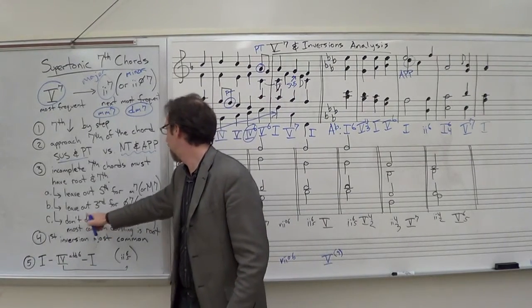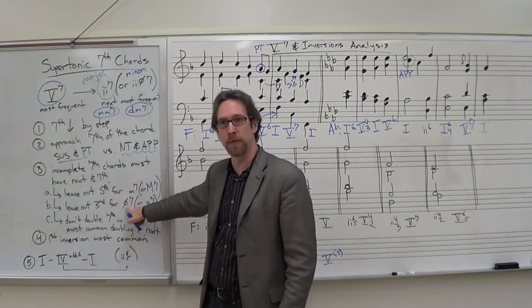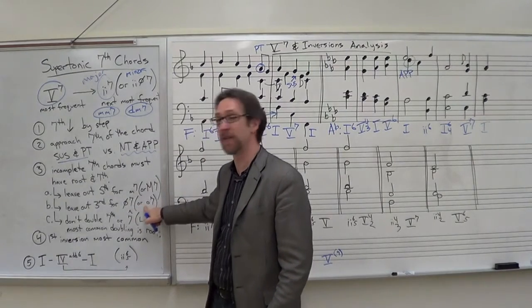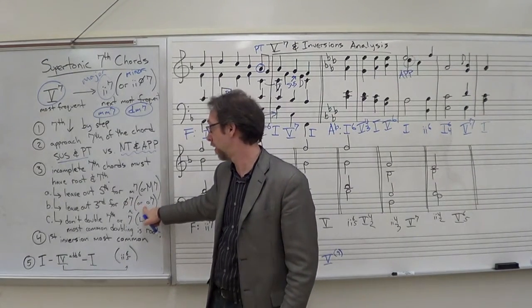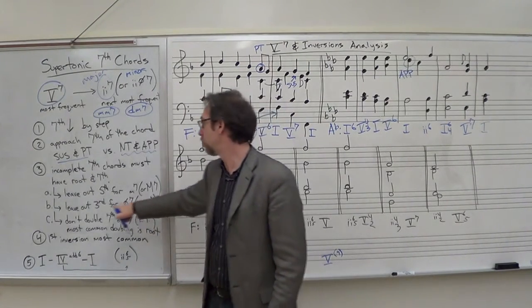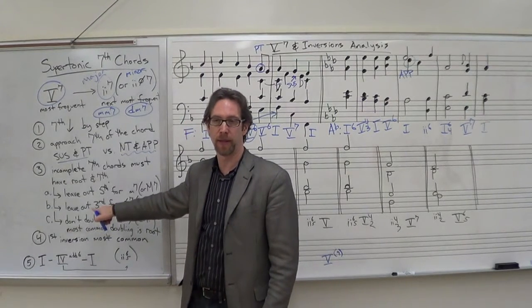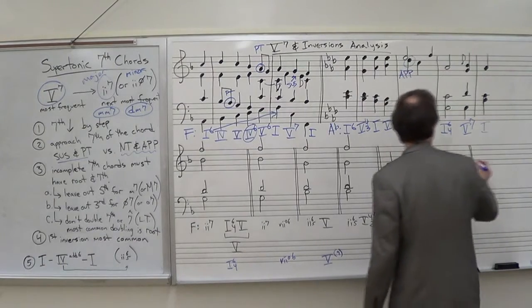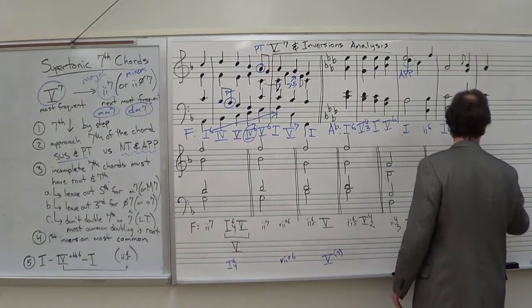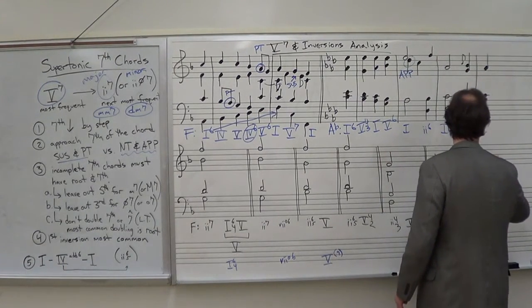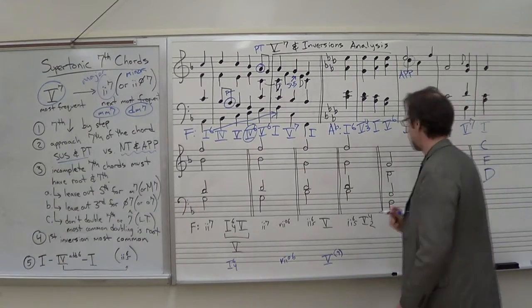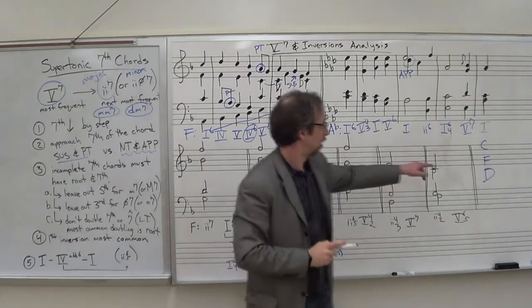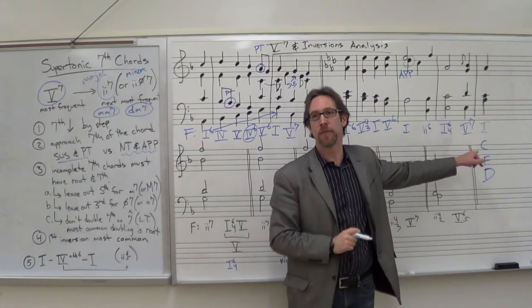However, if it is a half diminished 7 sonority, or even a fully diminished 7 sonority, meaning a diminished 5th, you leave out the 3rd. And that makes a lot of sense. Let's say we're in the key of C major and we go D, F, C. The human ear is not going to hear that as a half diminished 7 chord.